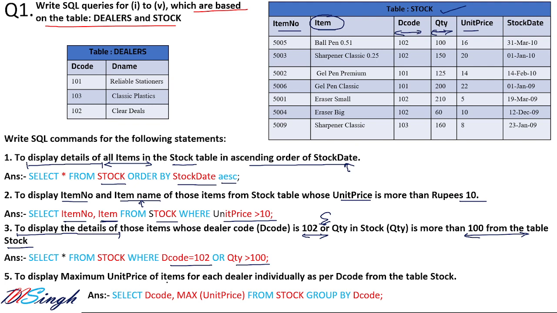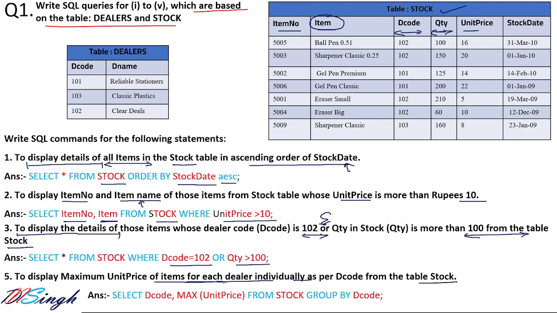The maximum unit price of items for each dealer individually as per D code from the table stock. Whenever you see words like for each, which word?